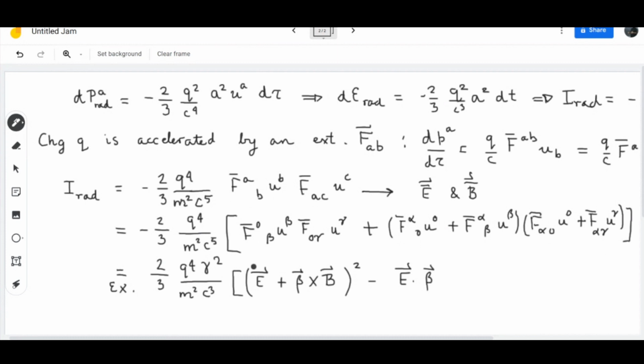Oh, I'm forgetting the bars here. Bar, bar, bar.